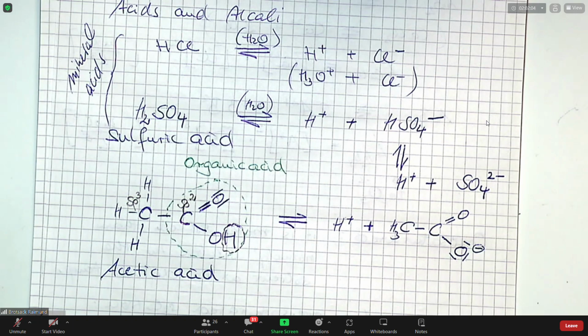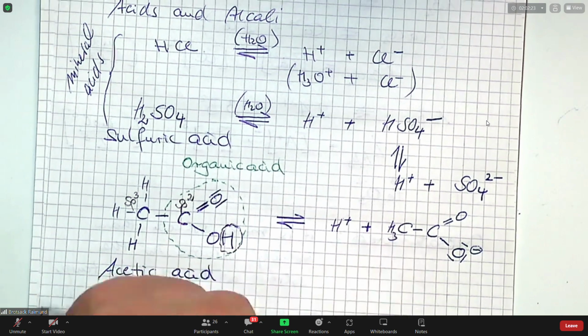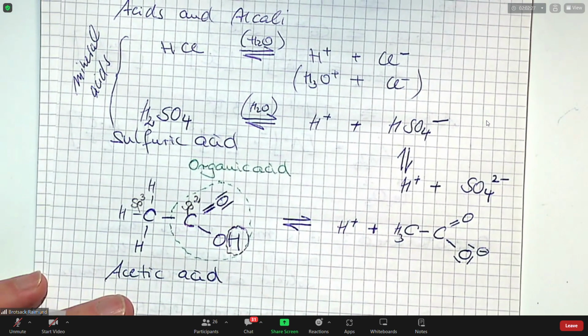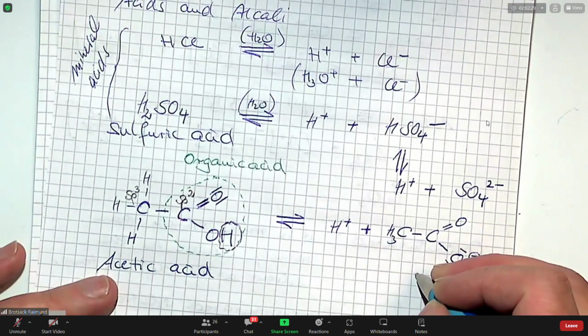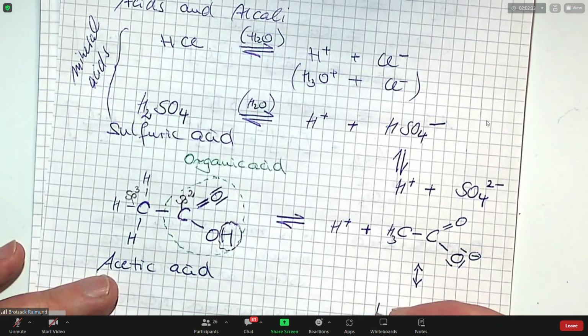What do you know about a structure like that? Is it stable? Why not? We talked about this in a similar structure in the CO3 2 minus. This one can be written in a mesomeric structure like that.